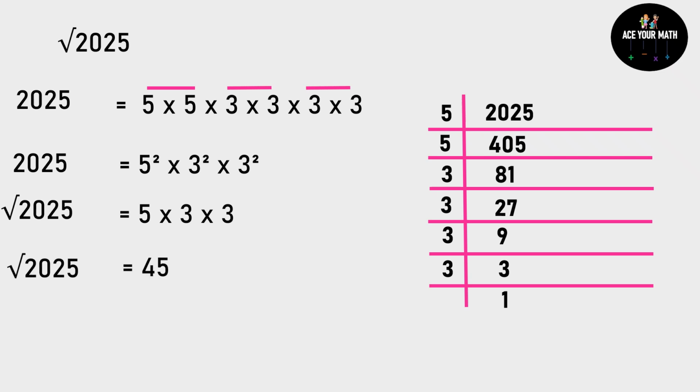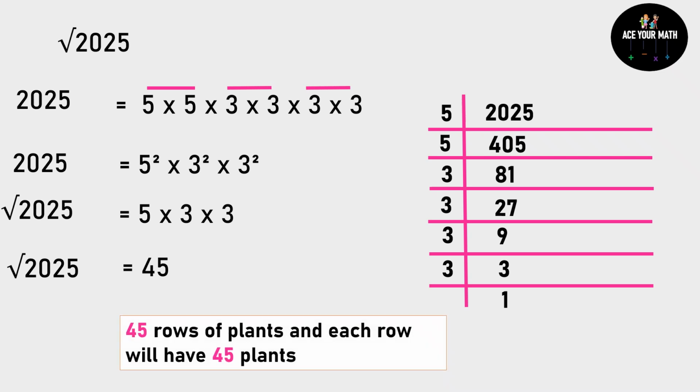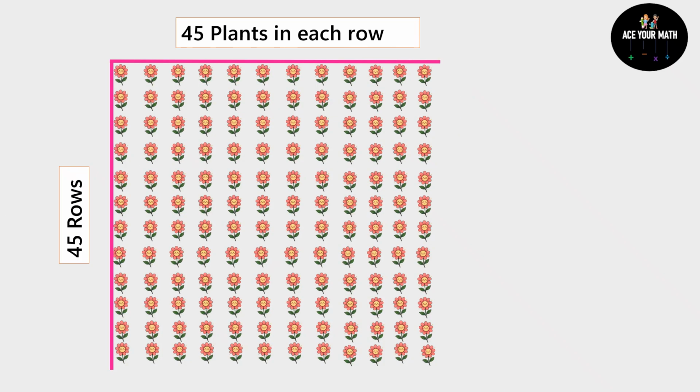So the square root of 2025 is 45. So we assume n as 45. It means 45 rows of plants are there and each row will have 45 plants. When you arrange 45 plants in each row, it will be in the square shape form.